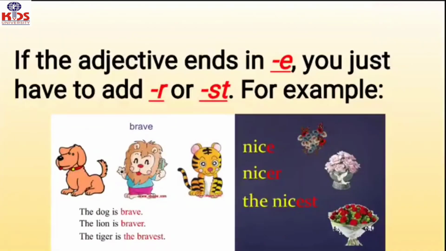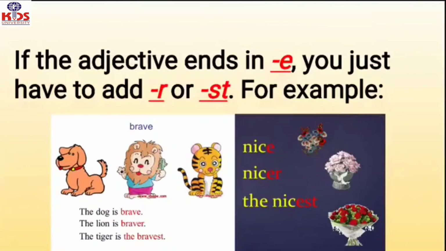And if the adjective ends in E, you simply have to add R in its first comparative form and ST in its second comparative form. For example, the dog is brave. The adjective brave ends with E. So, we are going to add R and ST in its comparative forms.